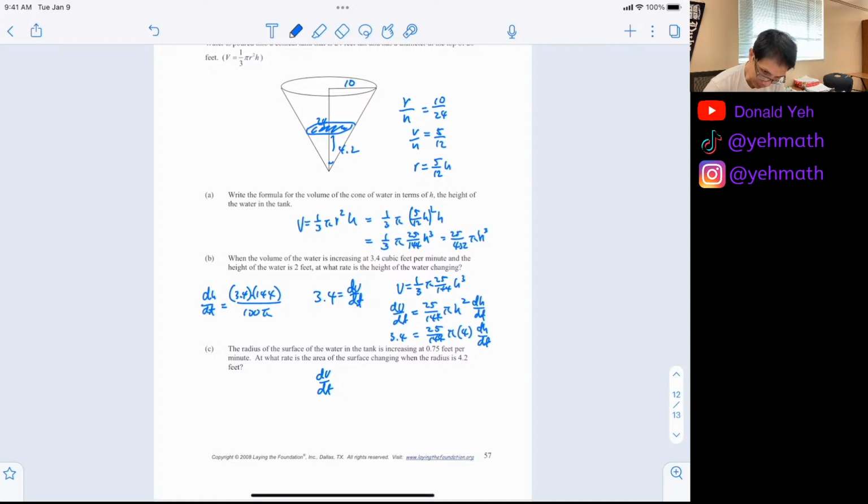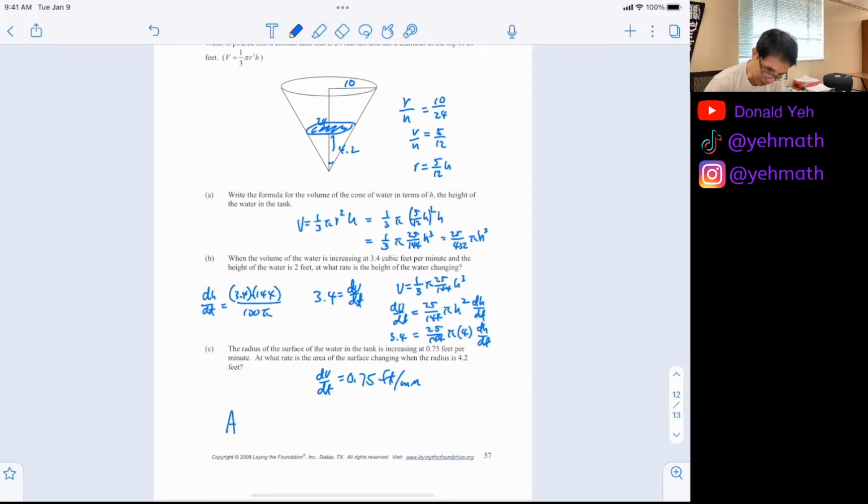I think they say the radius of the surface is increasing at 0.75 feet per minute, so dR/dt is 0.75. Students, 1 minute remaining. And they ask at what rate the surface area is changing when the radius is 4.2 feet.